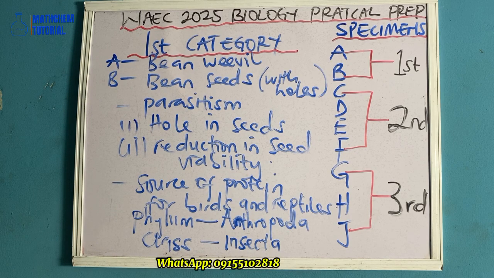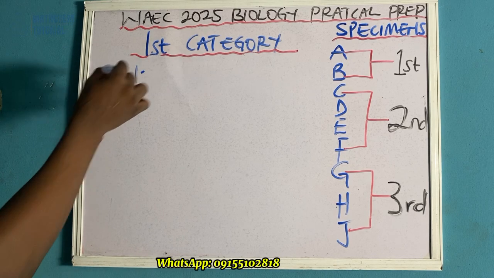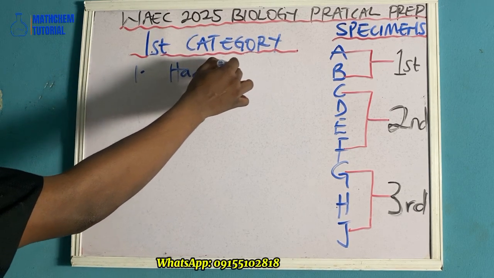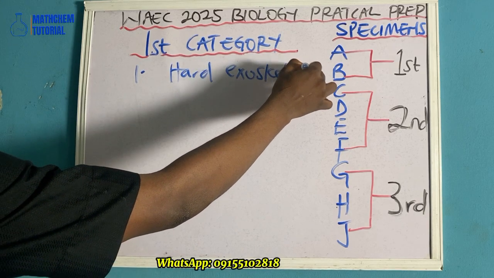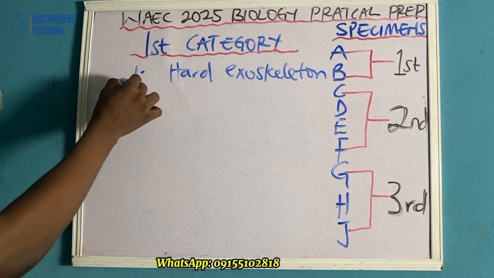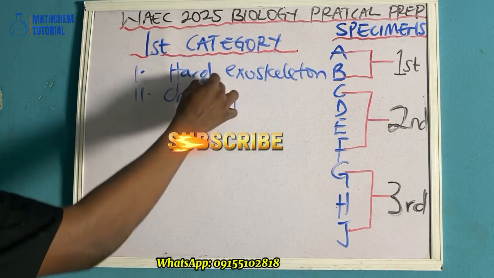Now, another question you can be asked from this first category is to mention two adaptive features of specimen A for survival. Number 1 is the exoskeleton, and number 2 is chewing mouth parts.